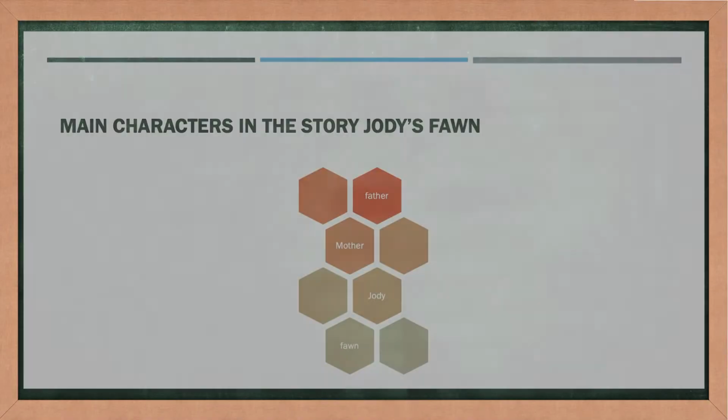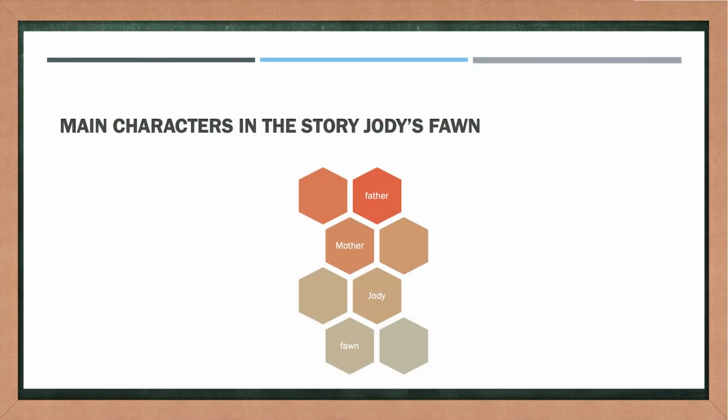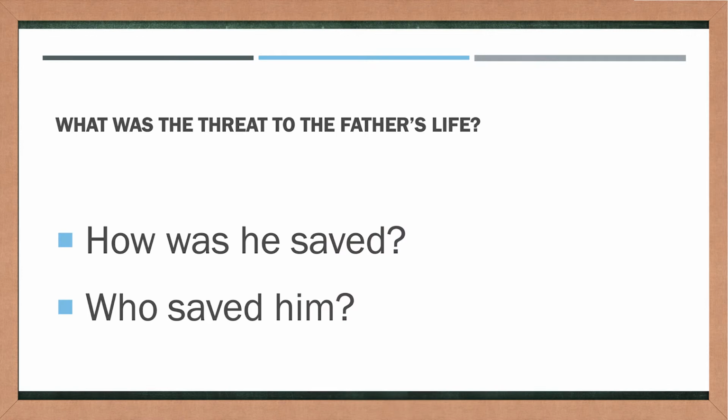Who are the main characters in the story, Jody's Fawn? You can see that it's a family story. There is a father, there is a mother, there is a boy, and there is a fawn. So there are 4 main characters in the story. What is the problem that the family comes up with? And what happens to that character who faces the problem?